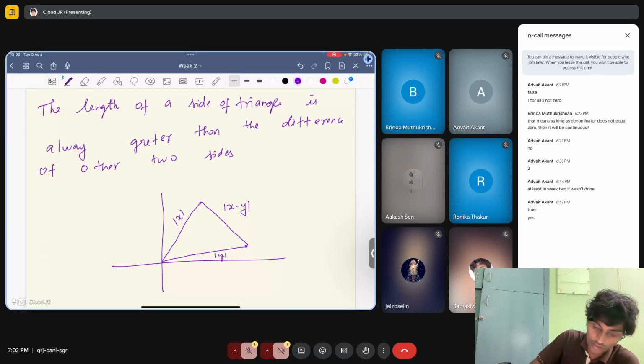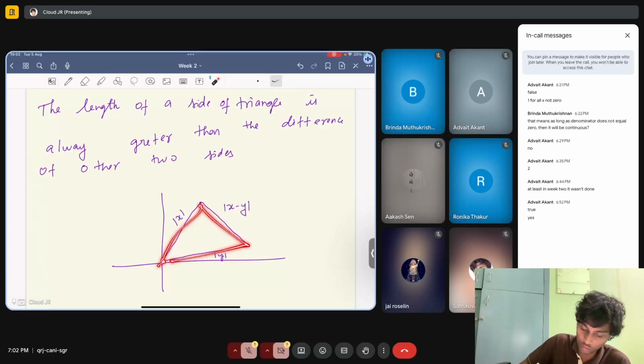So basically, these are all vectors here. This is the x vector, this is the y vector, and this is the x vector minus the y vector. So you take a triangle and make sure that one of the vertices is at the origin. Then one of the sides became the x vector, and its length is mod x.